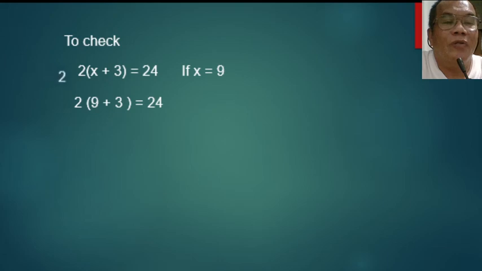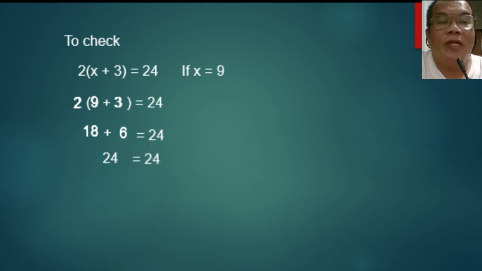So 2 times 9 is 18, and 2 times 3 is 6. 18 plus 6 is 24, and bring down 24. So meaning the value of x, which is 9, is the solution.